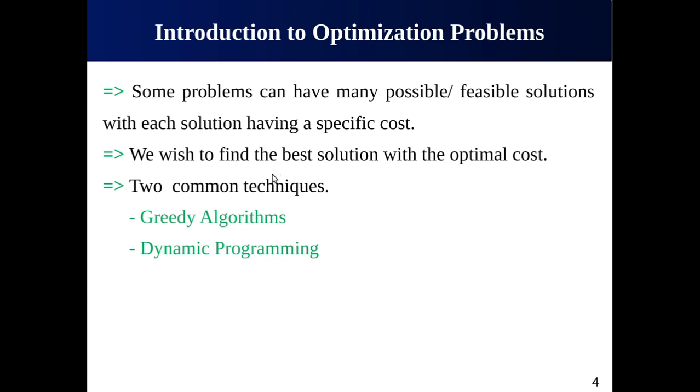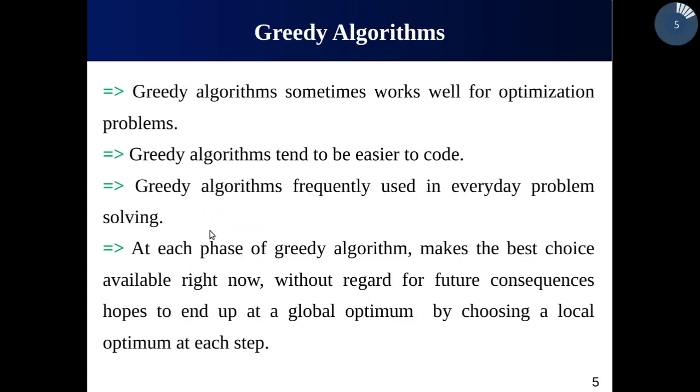The first technique is known as greedy, and the second is dynamic programming. The focus of this lecture is the greedy algorithm, but we will also shed some light on the dynamic programming concept. So let us start with the greedy approach.